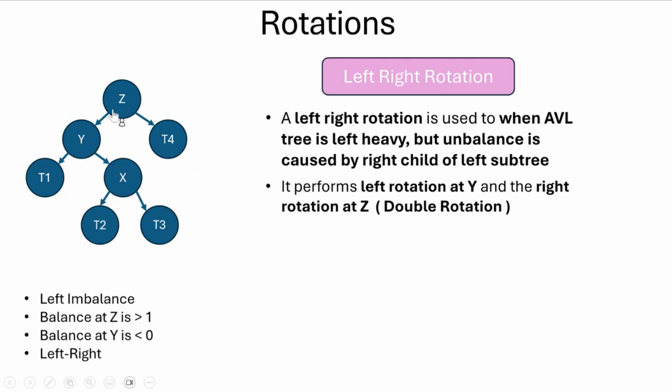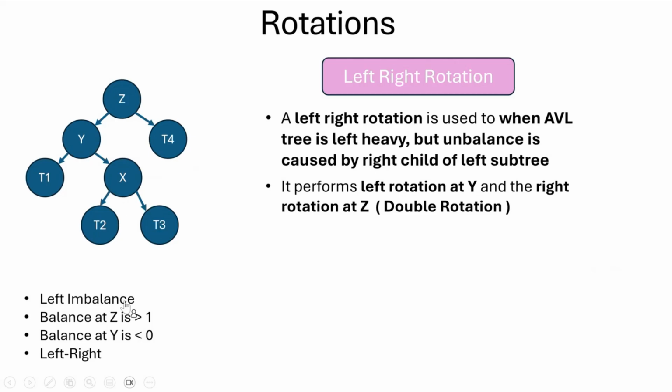So if you see here, the balance at Z is 3 minus 1, 2, which is greater than 1. But the balance at Y is 1 minus 2, minus 1, meaning Y is right-heavy. So Z is unbalanced because of the left side, but Y is heavy because of the right side. That's why it is left-right.